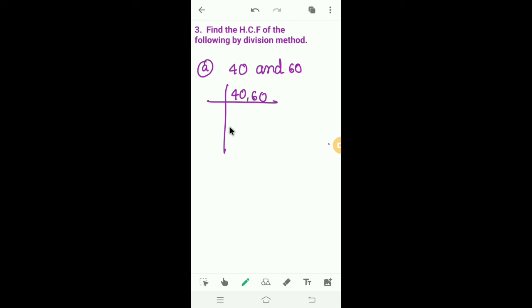Next we have to divide by the smallest common factor of the given numbers and write the quotients below their respective numbers. Here 40 is divisible by 2 and 60 is also divisible by 2. So 2 is the smallest common factor of 40 and 60. 2 20s are 40, 2 30s are 60.